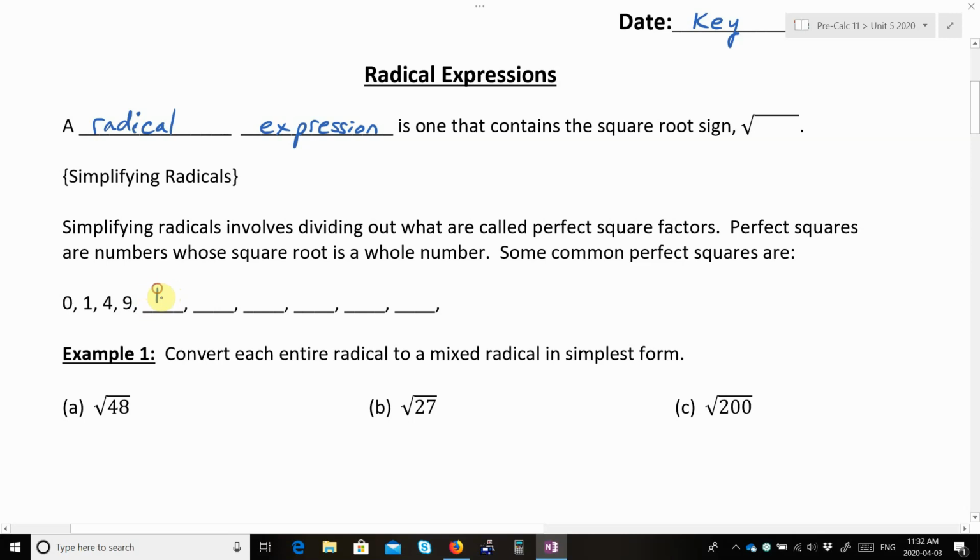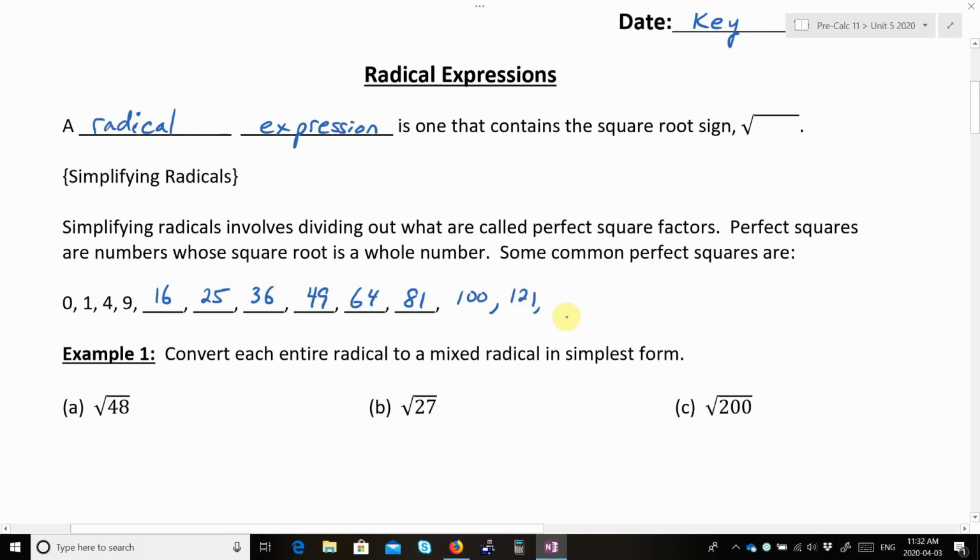The next one is 16. Square root of 16 is 4. And then we would have 25, and 36, and 49, and 64, and 81. And I'm actually going to do a few more. The next perfect square is 100.